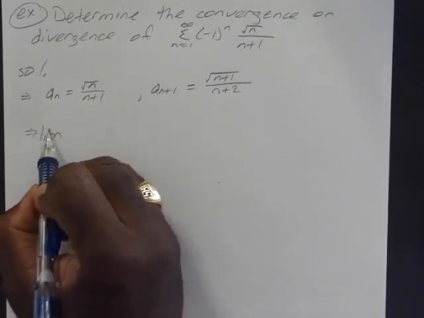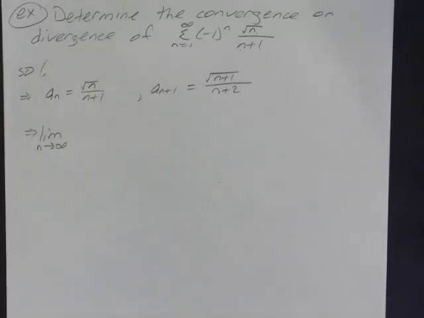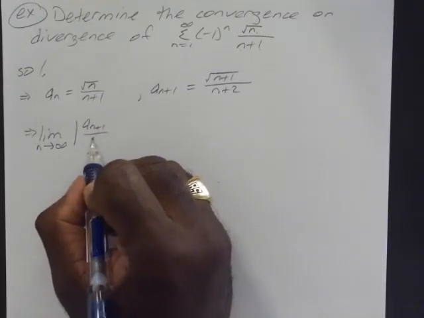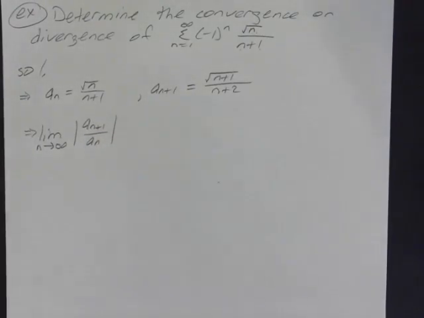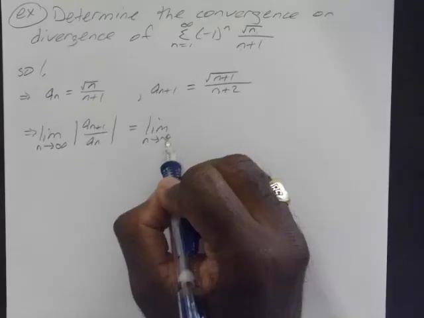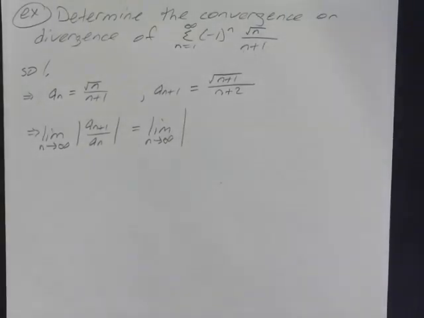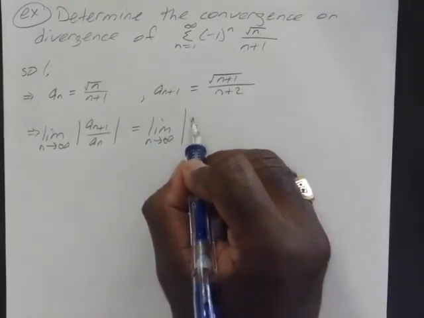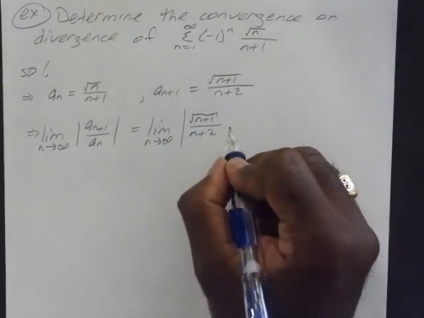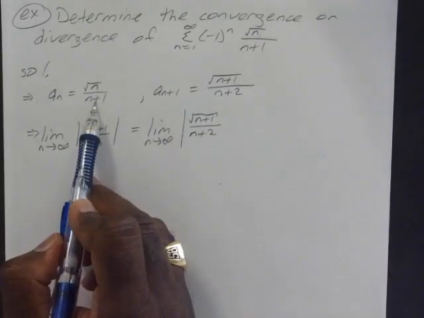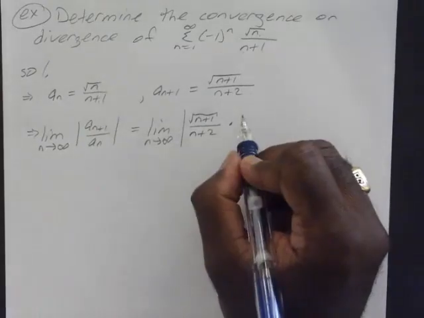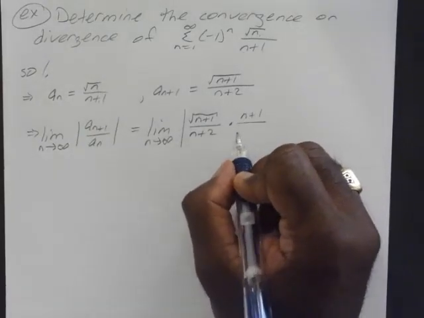That means if we take the limit as n approaches infinity of the absolute value of your a sub n plus 1 divided by a sub n, that's just going to equal the limit as n approaches infinity of the absolute value of your a sub n plus 1, which is square root of n plus 1 divided by n plus 2, divided by your a sub n, but it's going to be times its reciprocal, which is n plus 1 divided by the square root of n.